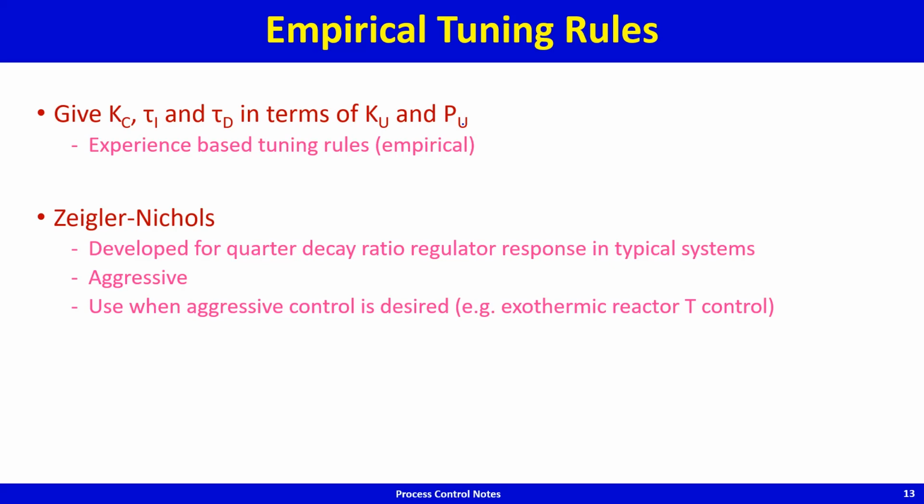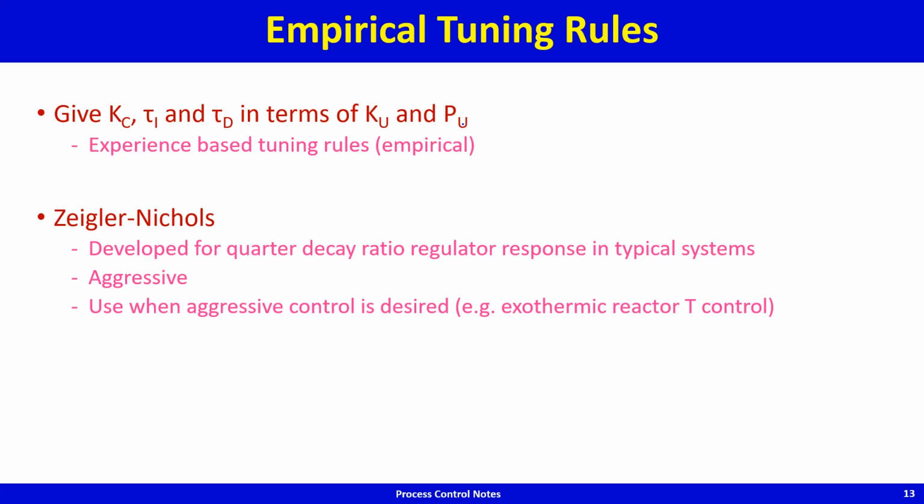So Ziegler-Nichols tuning is recommended when we want aggressive control. For example, in an exothermic reactor, we want to control the temperature aggressively, because if the temperature rises, the non-linearity can cause a reaction runaway. So you want aggressive tight control of the temperature. Maybe Ziegler-Nichols is useful there.